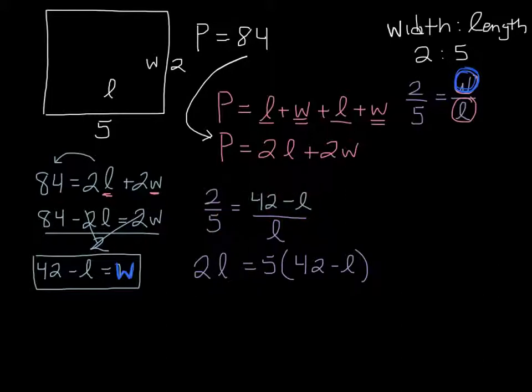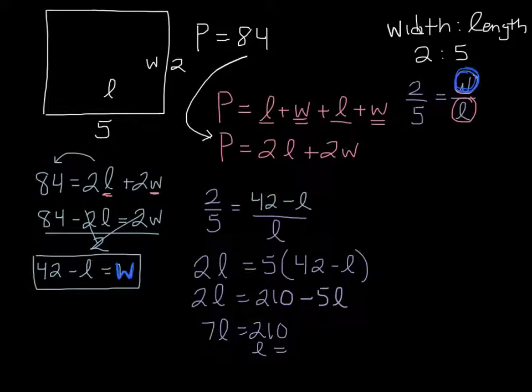So 2L is equal to 5 times 42. 5 times 42 is 210. 210 minus 5L. Move that over there. You get 7L is equal to 210, which gives you a length of L is equal to 30.